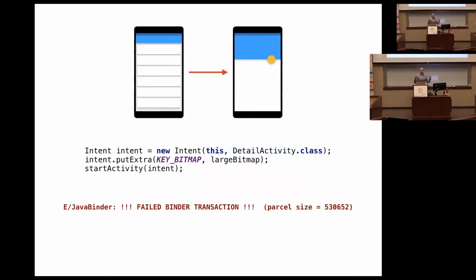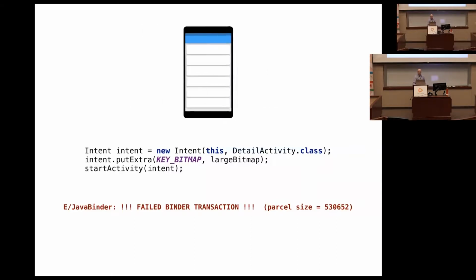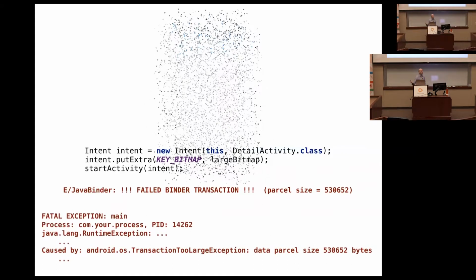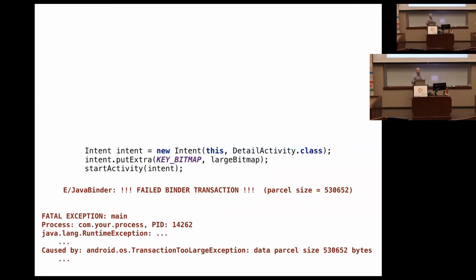On some older versions of Android you'll see a failed binder transaction message, and then you just won't go anywhere. On newer versions, you'll see a TransactionTooLargeException, and this is going to crash on you. One way or the other, you're not going to that second screen because you tried to put too much data in this intent. And this all comes down to this transaction.